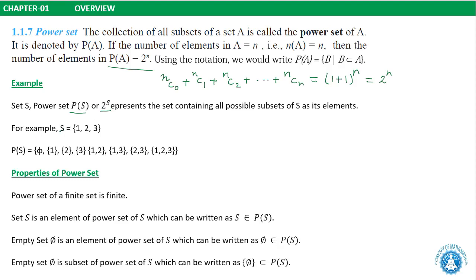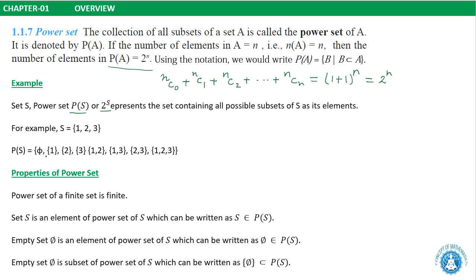Let us take a set S whose elements are 1, 2 and 3. We can write the power set of S as: phi, since phi is a subset of every set, then 1, 2, 3, taking 2 at a time, 1 2, 1 3, 2 3, and taking all at a time. So this is the power set of S.